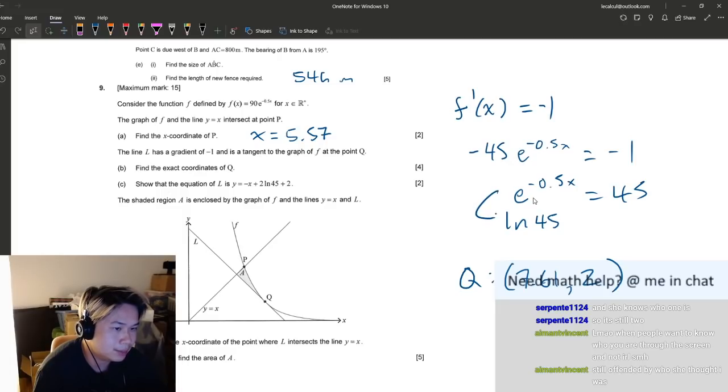So we isolate for the exponent, or the power, and then we change to logarithmic form.